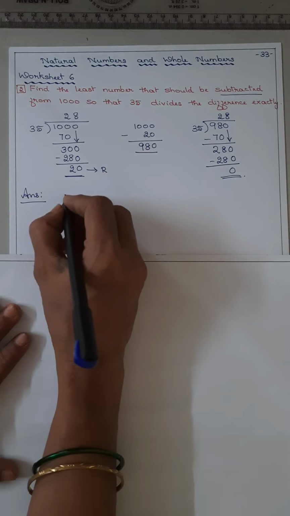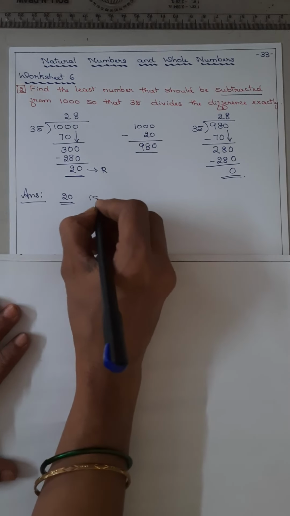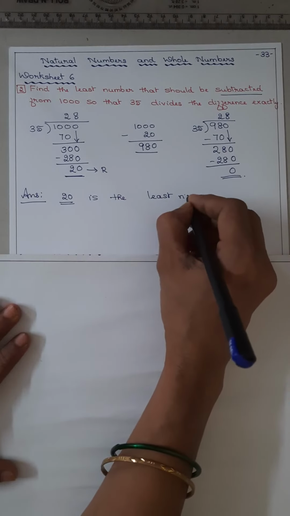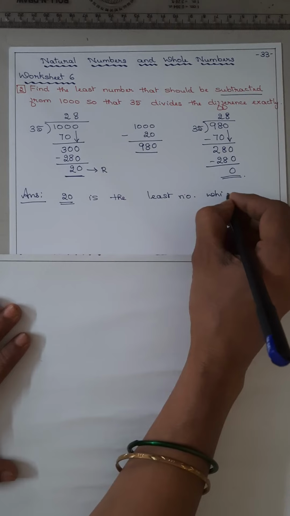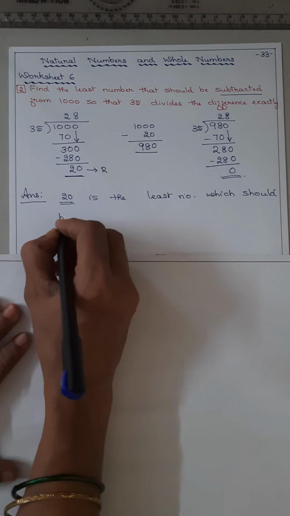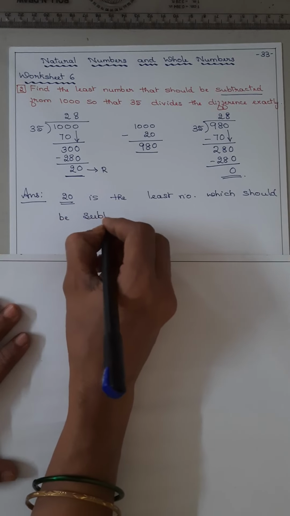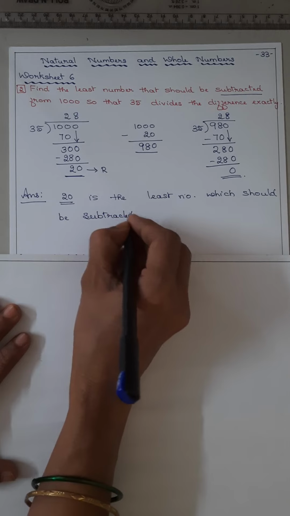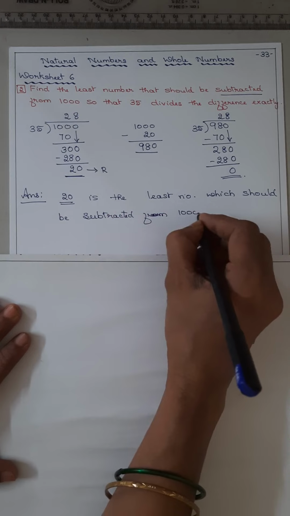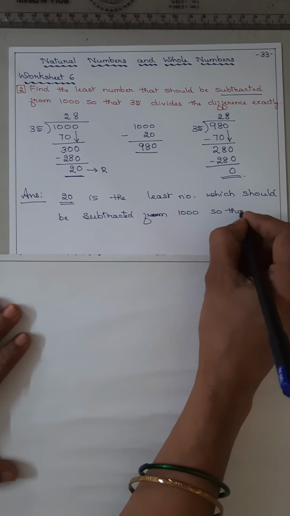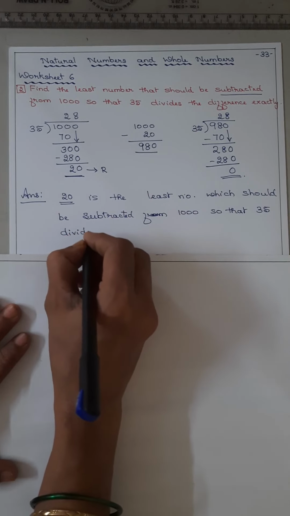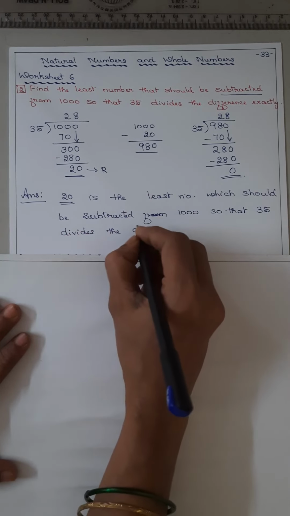It is 20. 20 is the least number which should be subtracted from 1000 so that 35 divides the difference.